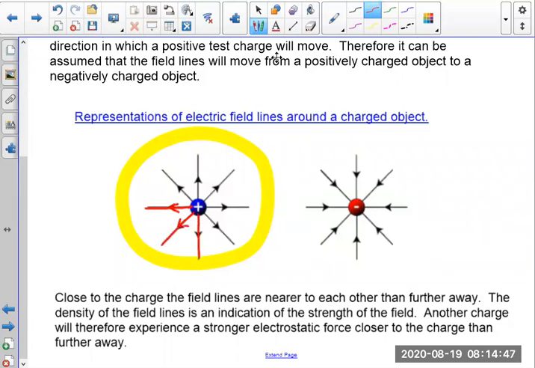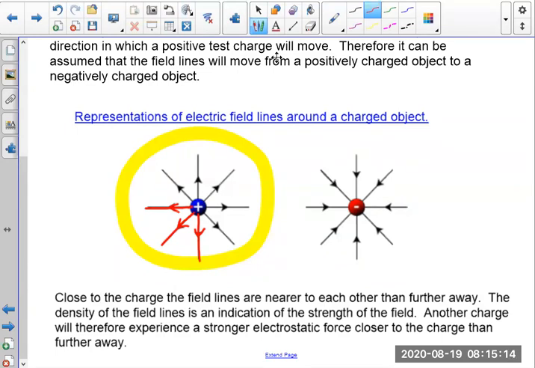Now, can you see it's straight lines? Don't use too many lines. Just use enough lines, and these lines that indicate the direction of the electric field must touch the charge. If they do not touch the charge, you can lose marks. Okay, so that is how the field looks around a single positive point charge.